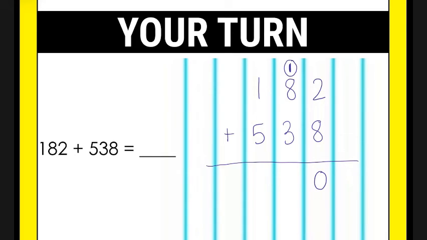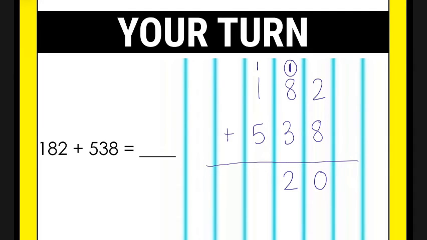Now let's add together our tens. Go ahead and do it on your own first. So you're adding 1 plus 8 plus 3. In my head, I think of that as 9 plus 3. 9 plus 3 is 12. So hopefully you wrote your 2 in the tens and you regrouped your 100.